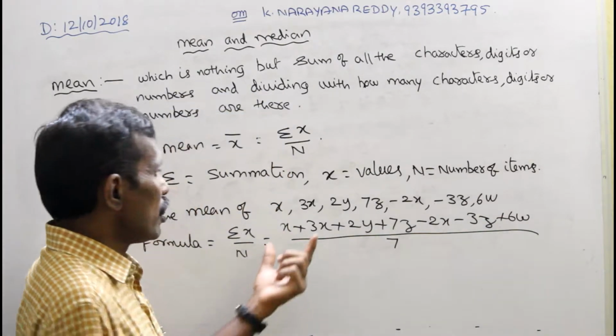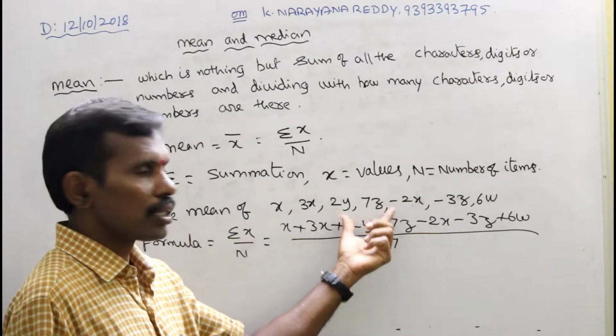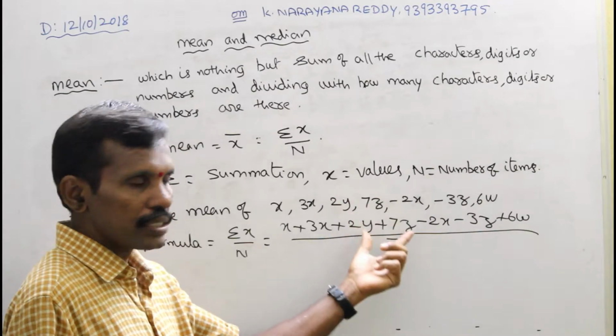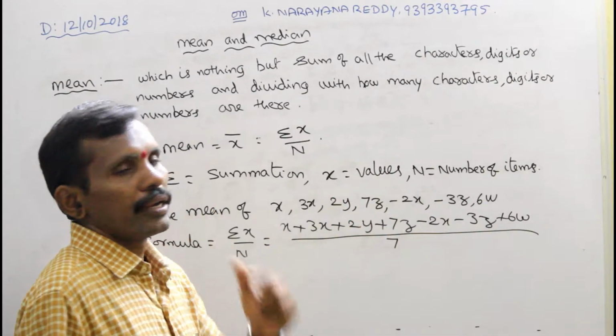The meaning is the sum of the items, numbers, digits or characters, divided by the number of items.